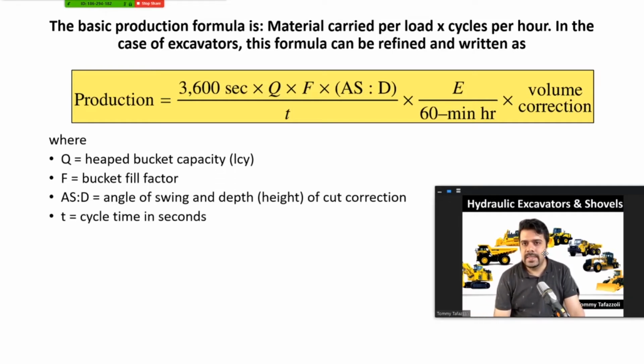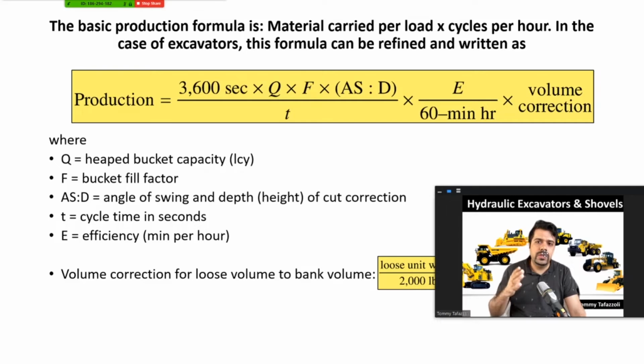And T is the cycle time in seconds. It means one loop of operation, how many seconds it takes, and then you will need to multiply it by the efficiency, which is given in minutes per hour, and then you need to convert it to volume correction.